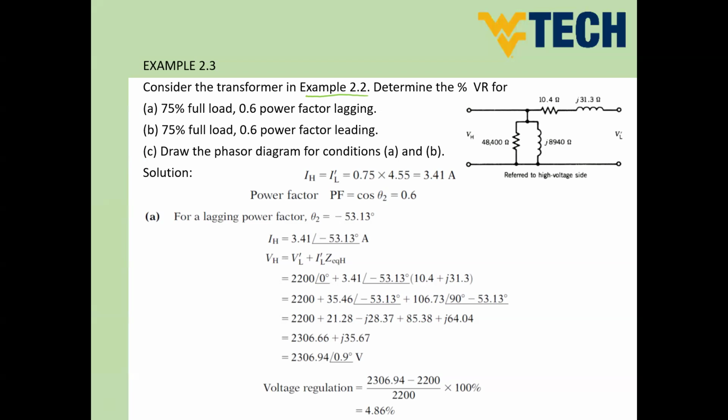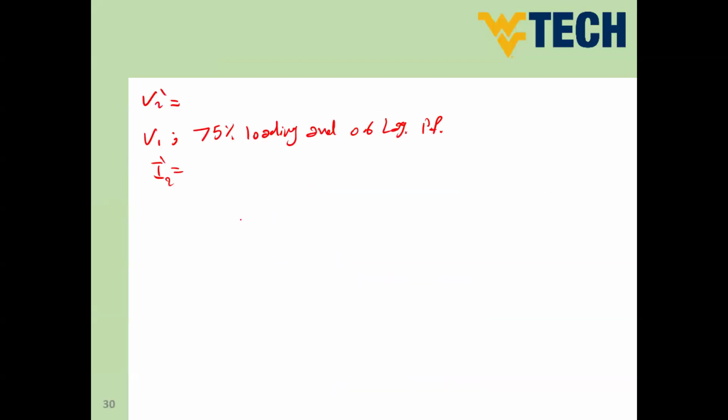So let's continue with the same notations. I'm going to say I_L prime equals 0.75 times I rated. In order to get I rated, 0.75 times I rated equals S rated divided by V rated.